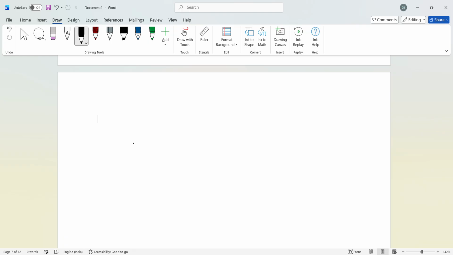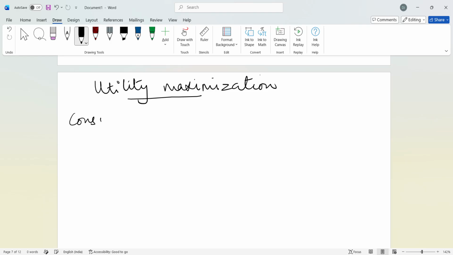And this is what brings us to what we call your consumer choice theory. Now, the main assumption that we take into this, so basically what we have is utility maximization, is that consumers face constraints. We all have constraints, right?